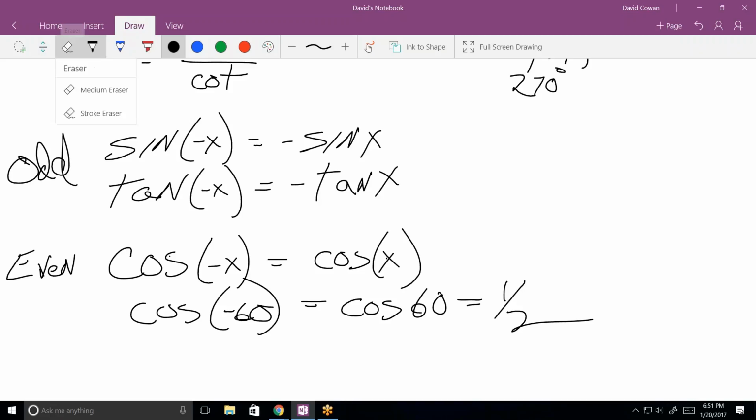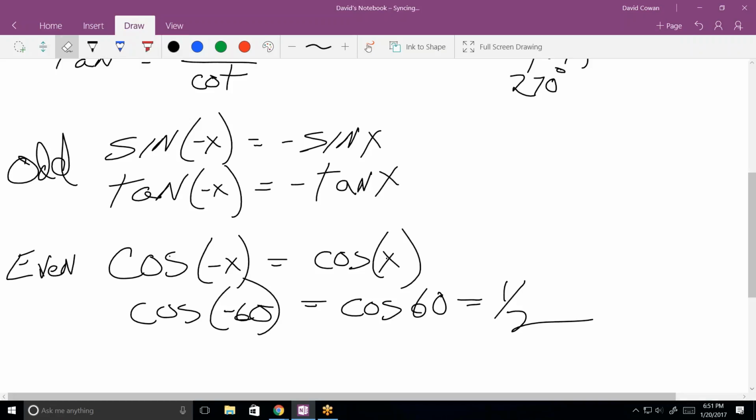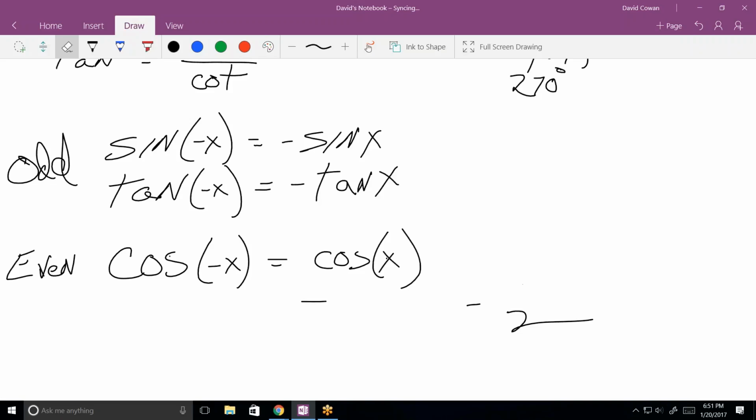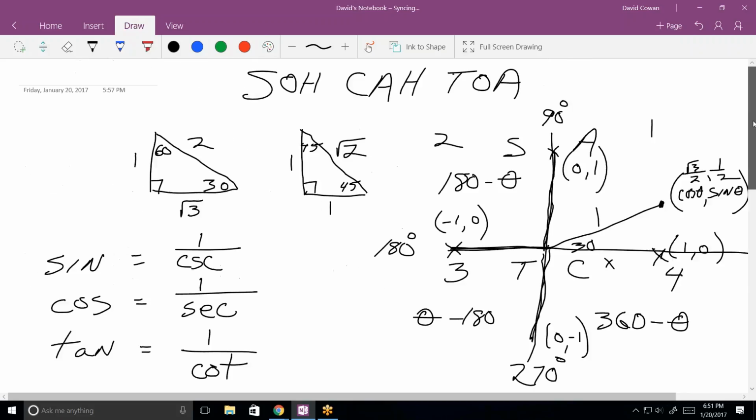And is that because for 60 degrees and negative 60 degrees, those are both to the right of the y-axis? Well, let's look at our triangle. Always refer to these triangles. This is where you get your basic first quadrant answers. In other words, you don't really have to memorize anything.